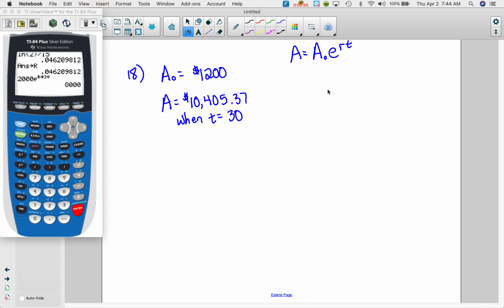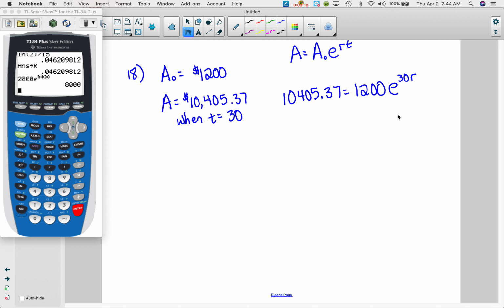On number 18, we know A naught, the initial value. We know that when T equals 30, we know the amount, and we have to find the rate and the doubling time. So fill in what we know: 10,405.37 equals 1,200 e to the 30R.